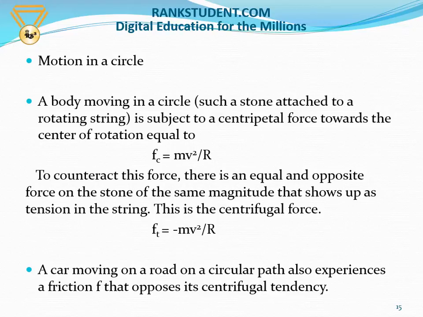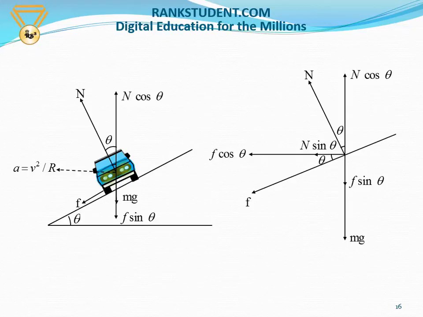Example: a car or a bike moving on a road on a circular path experiences a friction F that opposes its centrifugal tendency. It is subject to both centrifugal and centripetal forces and the friction F. Illustrated in this diagram are the various forces acting on a car moving around a circle on an incline.